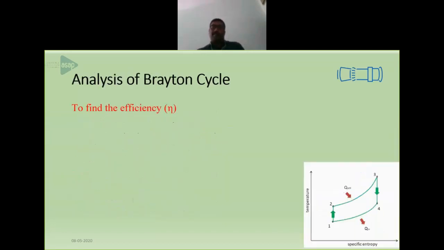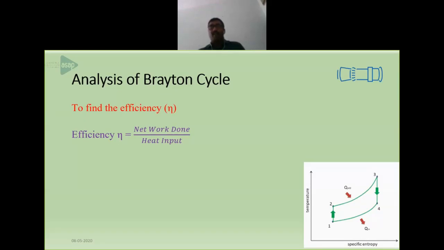Next, we are having the analysis of Brayton cycle. As in every analysis, we will have to find out the efficiency of the system. How to find the efficiency? Normally, for any system, the output by input is the efficiency. Here already I have mentioned what is the output.